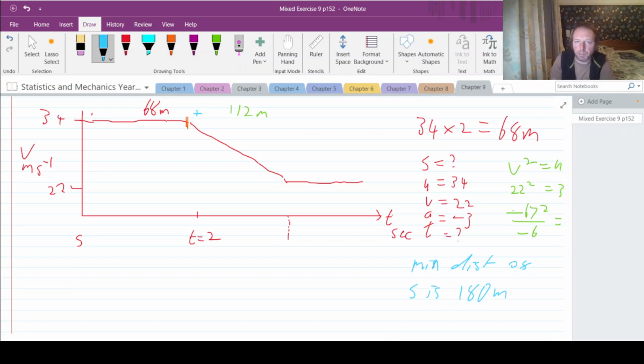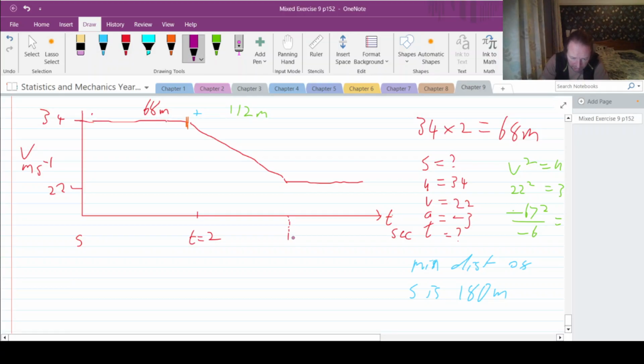That's a lot, right? I've just looked at the answers, and yes, we're correct, but they have included the time down here, so we should show you how to find that. Again, we can use suvat, but we want the equation that has no s in it. So v equals u plus at. The final velocity was 22, the initial was 34 plus minus 3t.